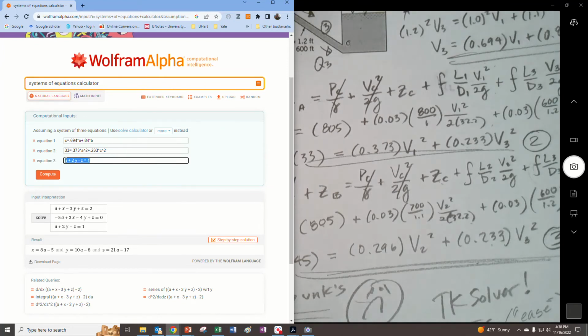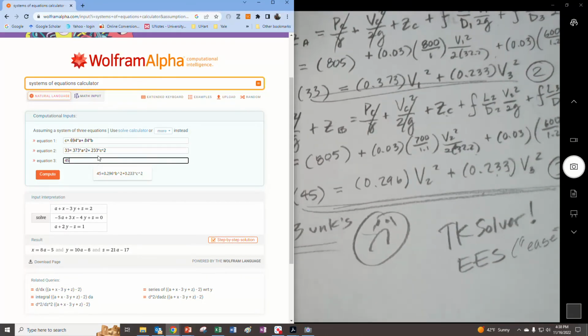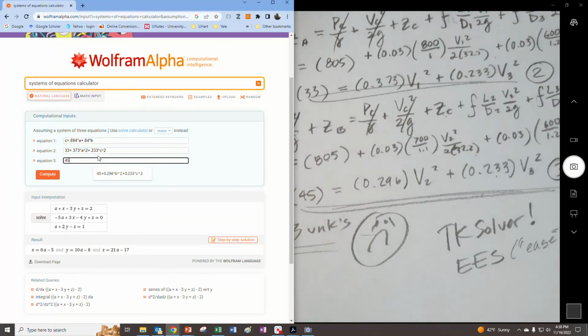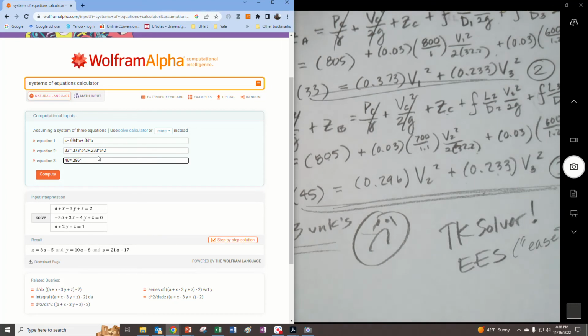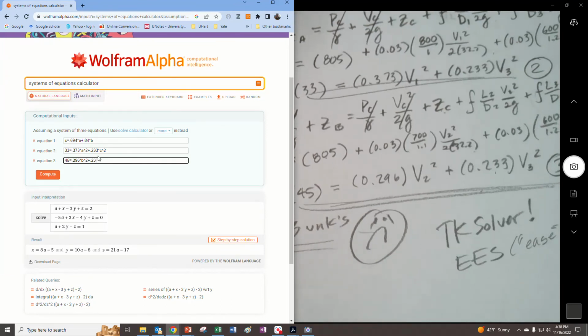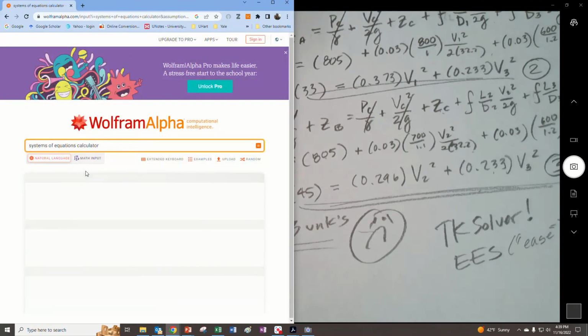And for this last one, 45 equals 0.296 times B squared plus 0.233 times C squared. A double, triple check. I think so. Hit compute.